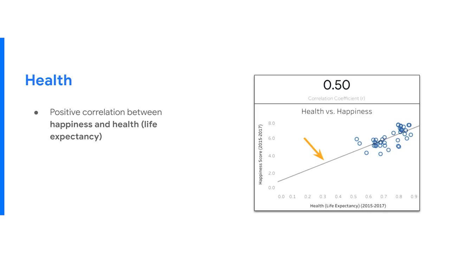So in other words, the closer to 1 that the number is, the more positively correlated they are, meaning when one of the variables goes up, so does the other one. The closer to -1 that the number is, the more negatively correlated they are, meaning as one of the variables, such as happiness, goes up, the other variable, like health, would go down.